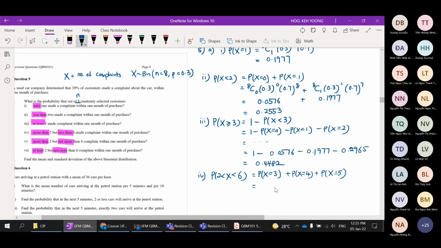I'll straight away give you the probability. You calculate using the formulas and check whether it is the same as mine. Let me know if my answer is wrong.